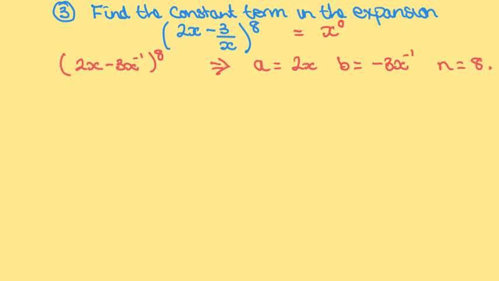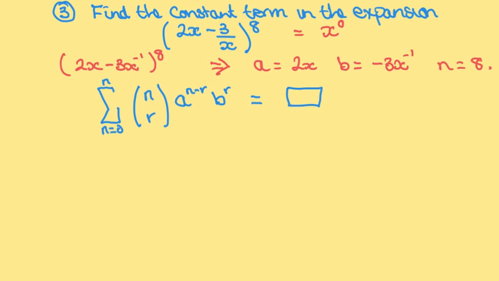As with any binomial expansion, our starting point is always the formula. So we've got the sum from r equals 0 to n of n choose r, a to the power of n minus r, b to the power of r. In this expansion, we want it to equal a constant, x to the power of 0.